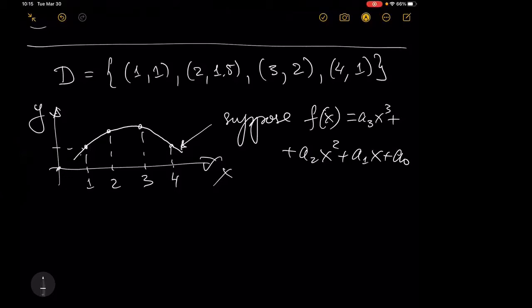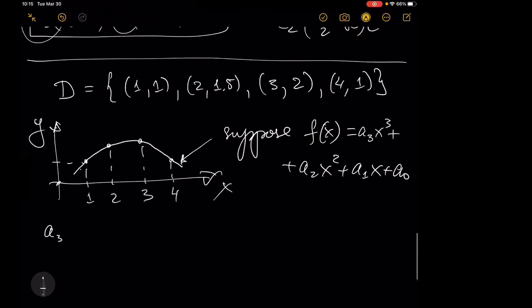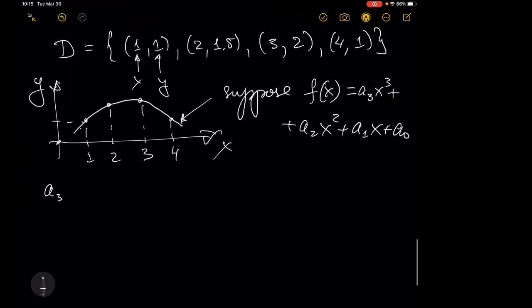Then what you can do? You substitute first this x and y. So you substitute x equal to 1, and you're getting a3 plus a2 plus a1 plus a0 equals 1.